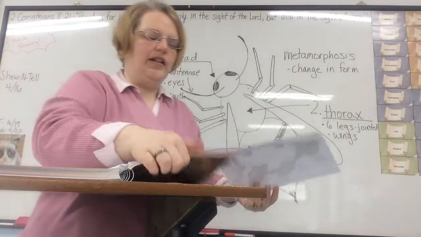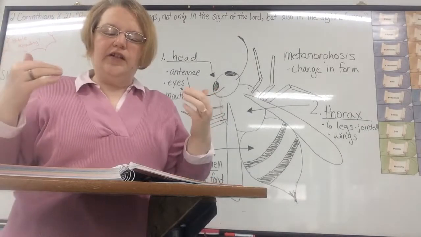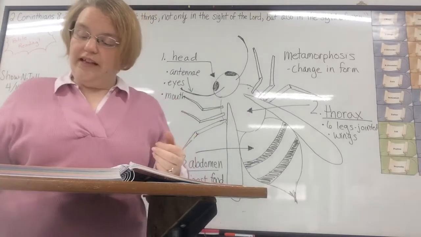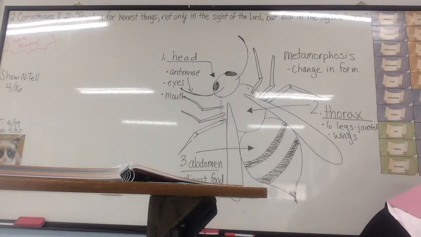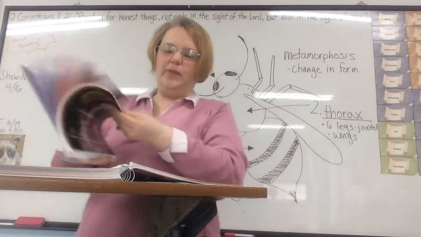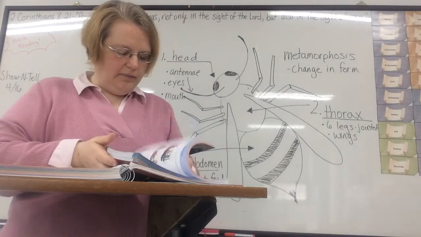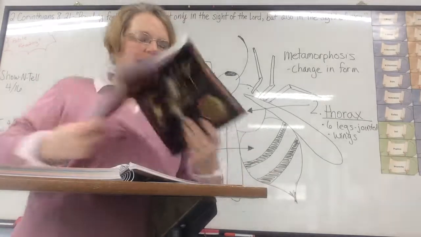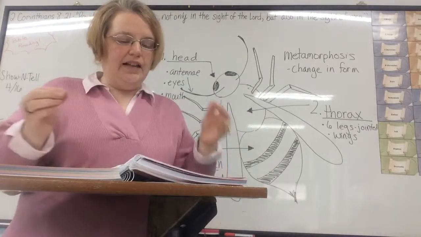Now, I said I would talk to you a little bit about the differences between a cocoon and a chrysalis. If you look at your activity manual, page 30, and let me grab my activity manual very quickly. You look at your activity manual on page 30 and 31. It talks about the differences between a moth and a butterfly.